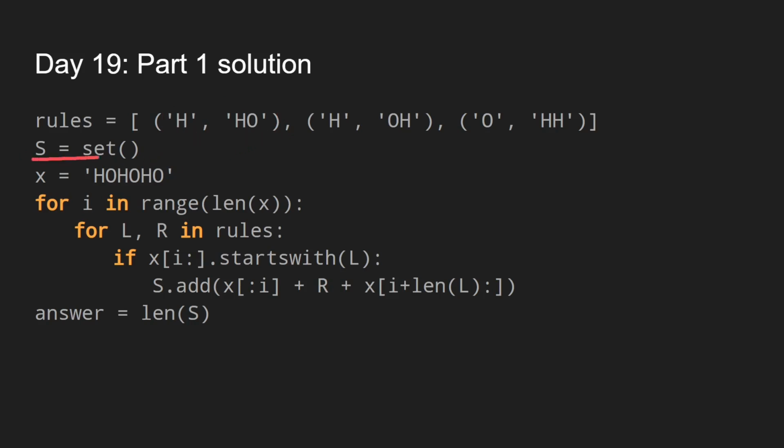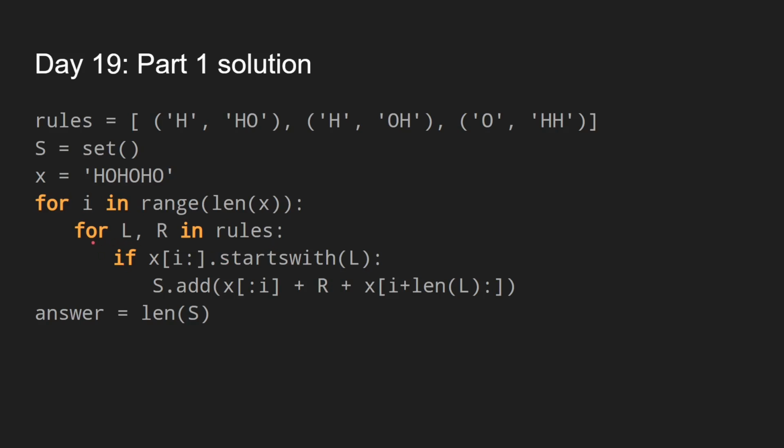And then I have a set, because we want to know the number of unique strings we can get by applying replacements. Then we have the starting string x. Now we need to iterate over every character position in the starting string and see if we can apply one of the rules to that position.